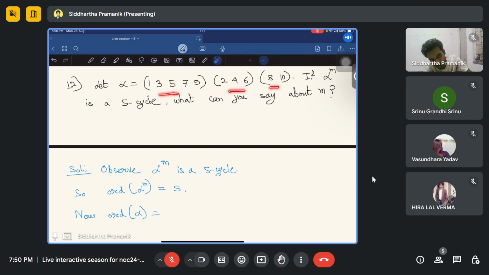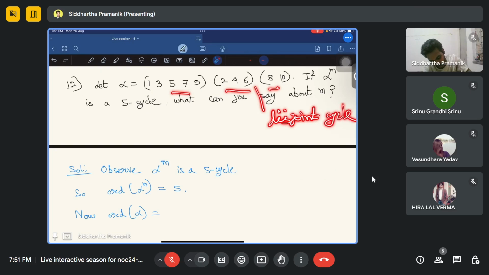The first one is a 5 cycle, the second one is a 3 cycle, the third one is a 2 cycle. These 3 cycles are all disjoint, so it is in disjoint cycle form.